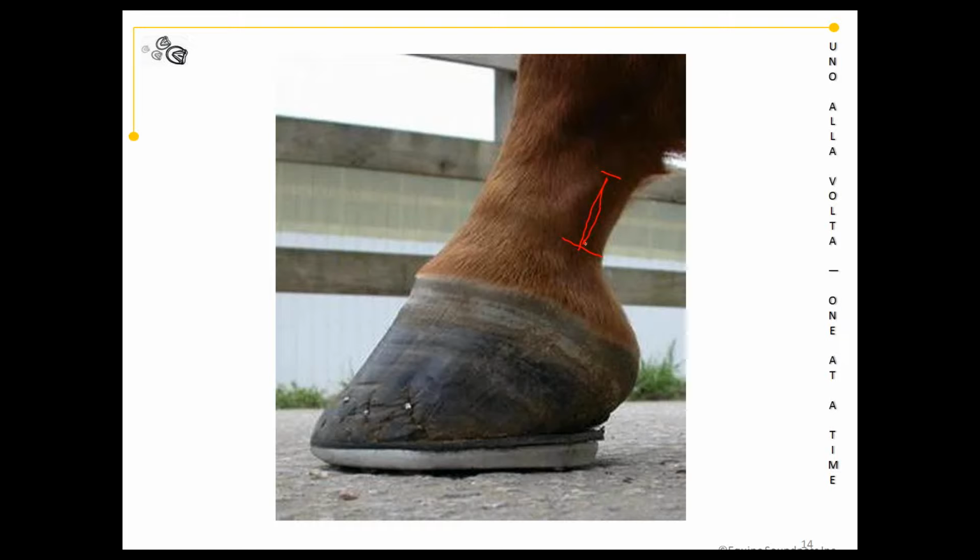They will grow together eventually. Eventually this horse will feel pain again. But this gives you maybe another year with a horse that cannot feel pain in the hoof at all.